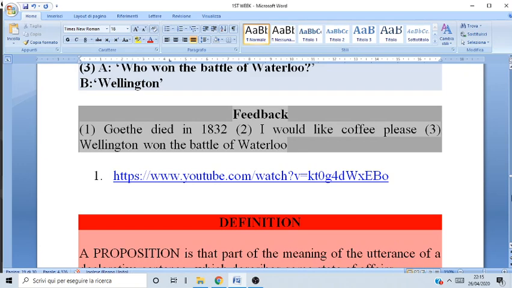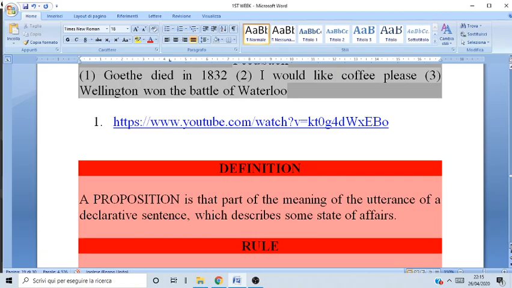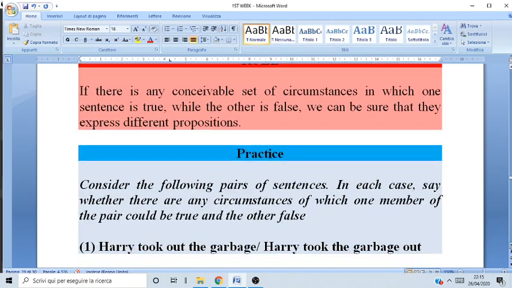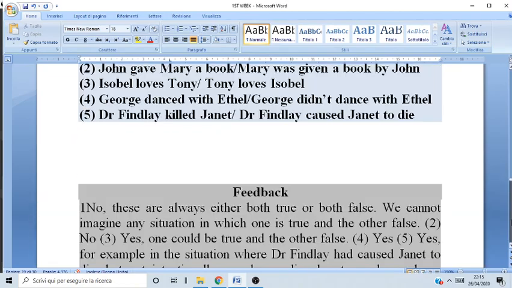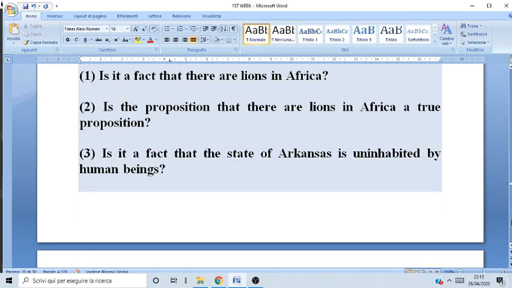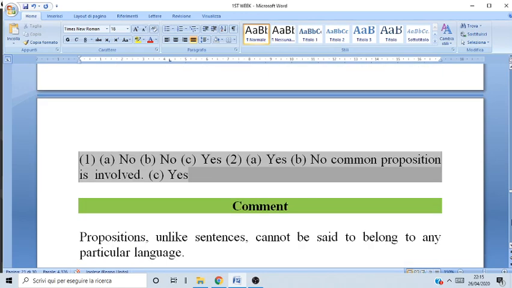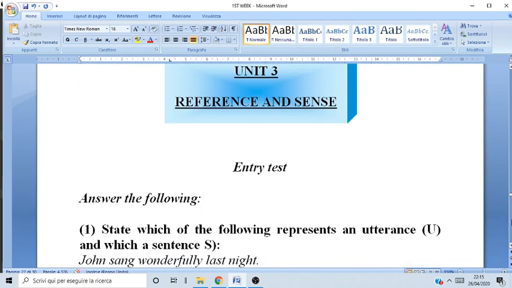And I said that you have to imagine a proposition as the meaning of an utterance, as a sort of idea. And we did some exercises on that. And we started Unit 3 about reference and sense.